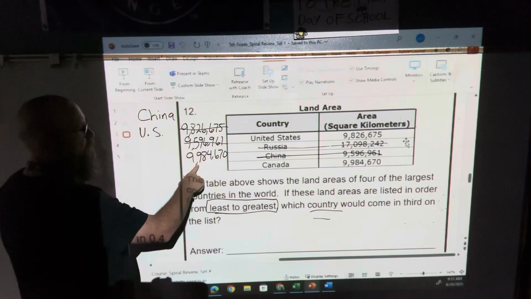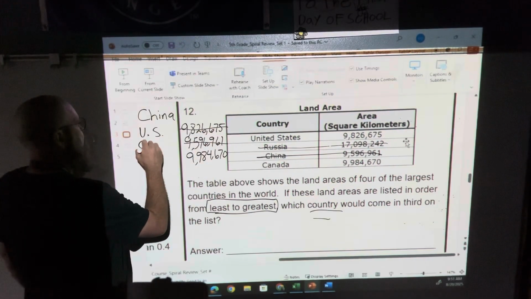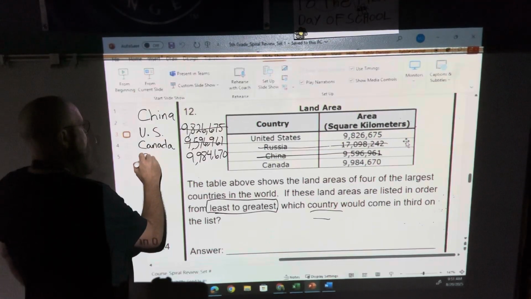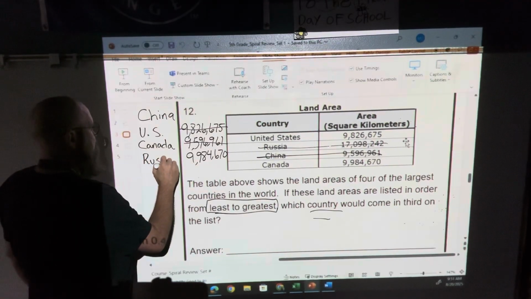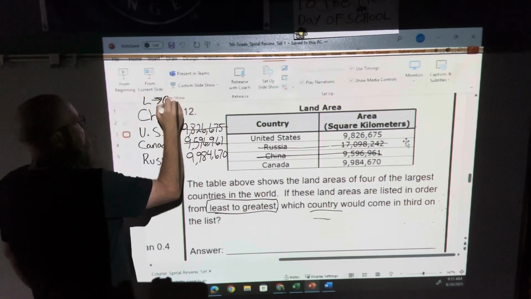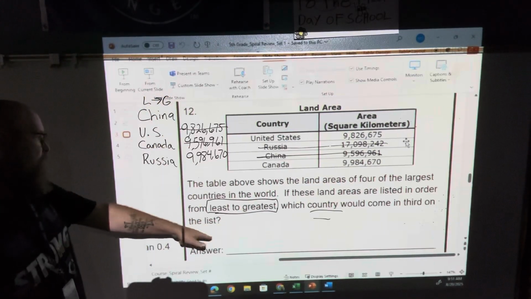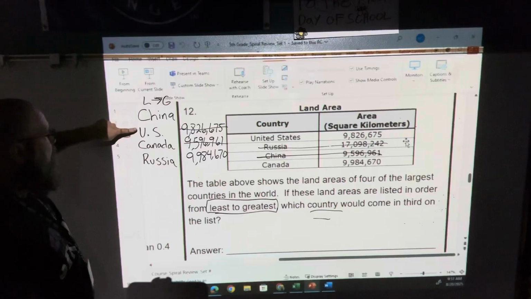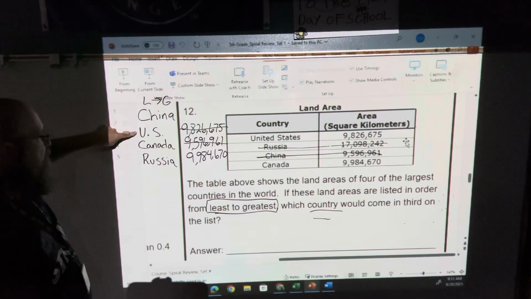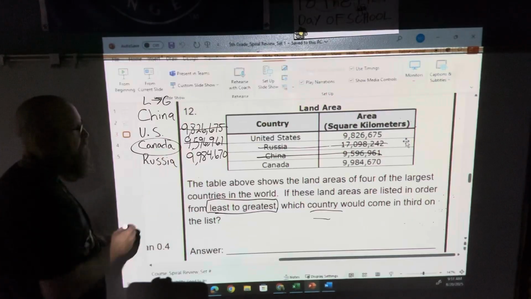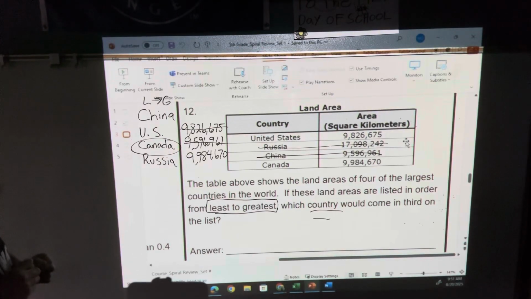That leaves us with Canada. And then Russia is the biggest. I'm going from least to greatest. I want the country that would come in third on the list. That's the smallest, the next smallest, and the next smallest. So third on the list would be Canada.